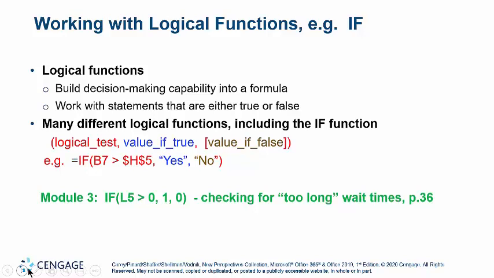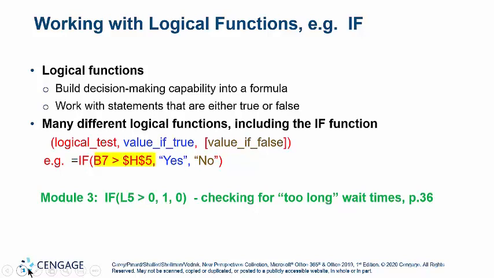Here is an example. The first part of the IF, again starting with an equal sign to indicate it's a function, uses the keyword IF and then a parenthesis, and do not leave a space between the F and the parenthesis. It would confuse Excel. The first part is the logical test.